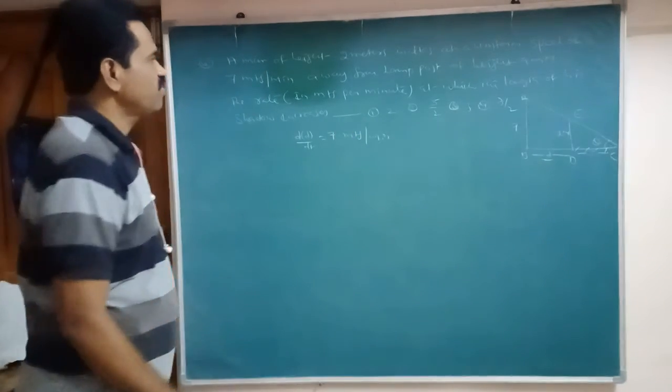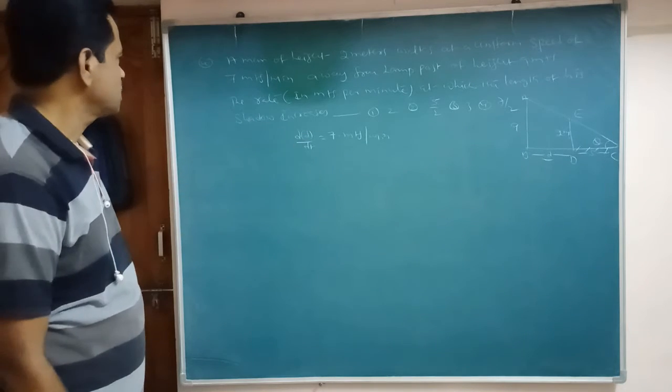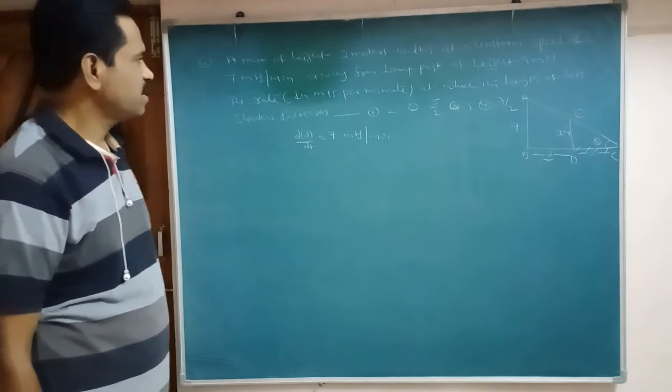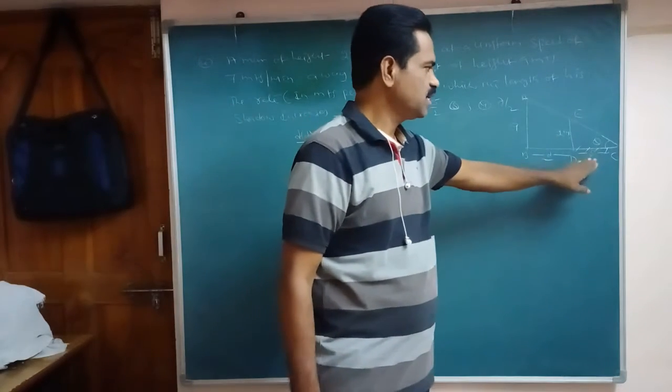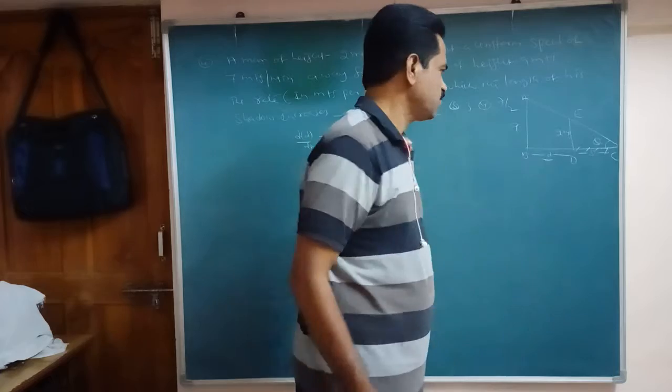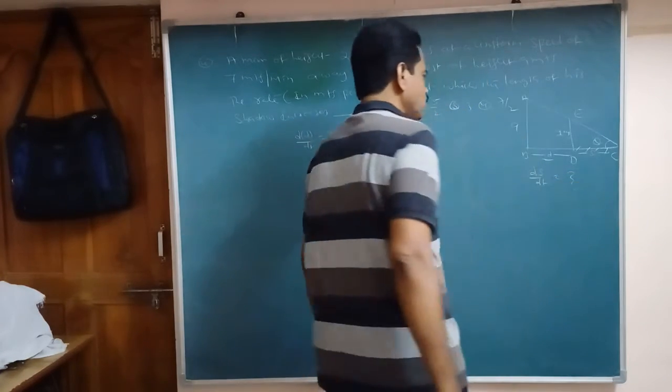Away from the lamp post, and the height is 9 given, AB. The rate at which the length of the shadow increases, so we have to find dS by dt.